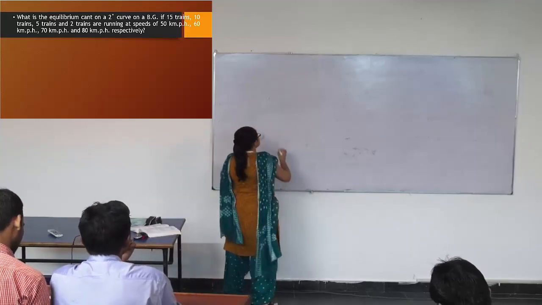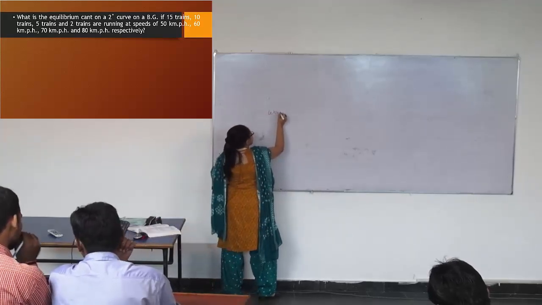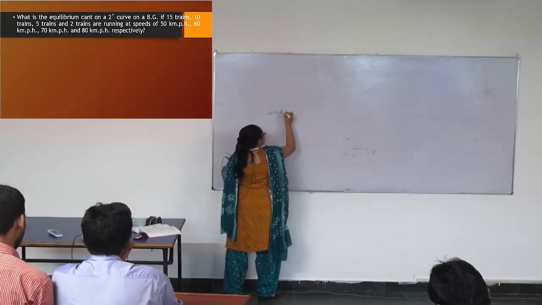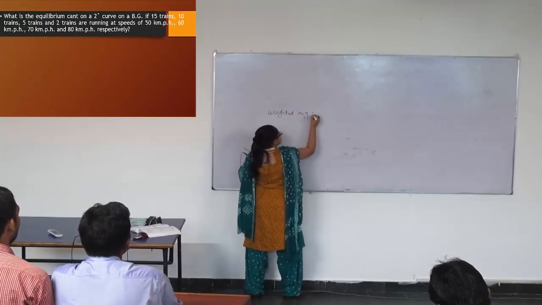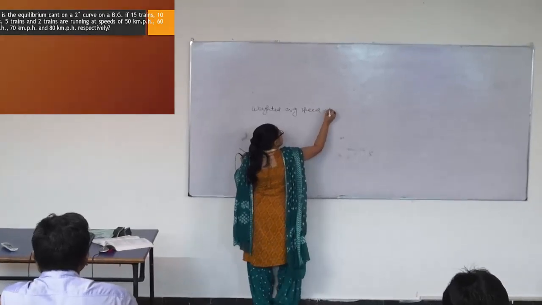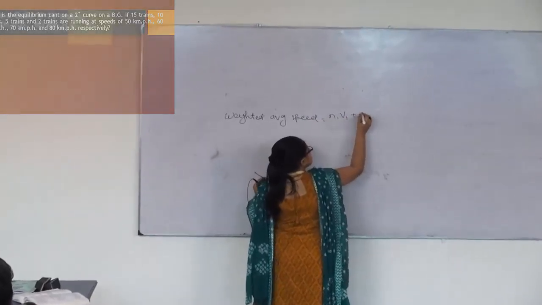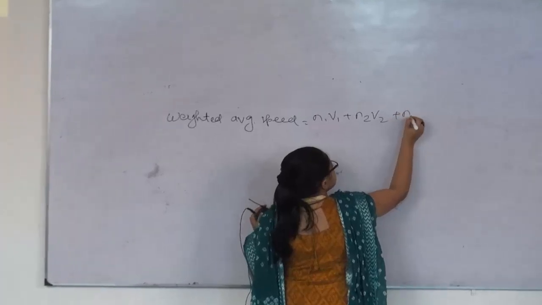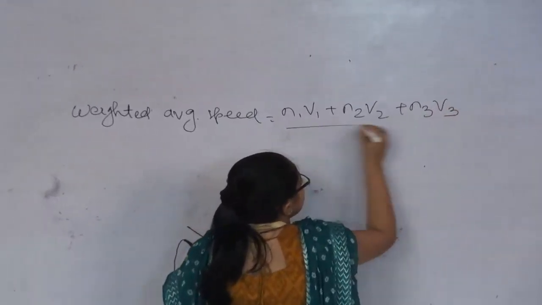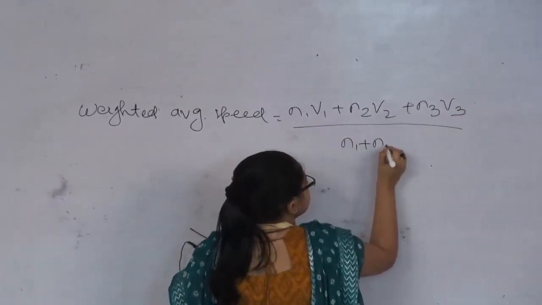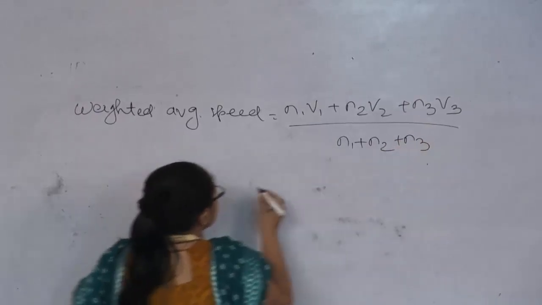What is the average speed? So the weighted average speed equals (N1V1 plus N2V2 plus ...) by the total number of trains.